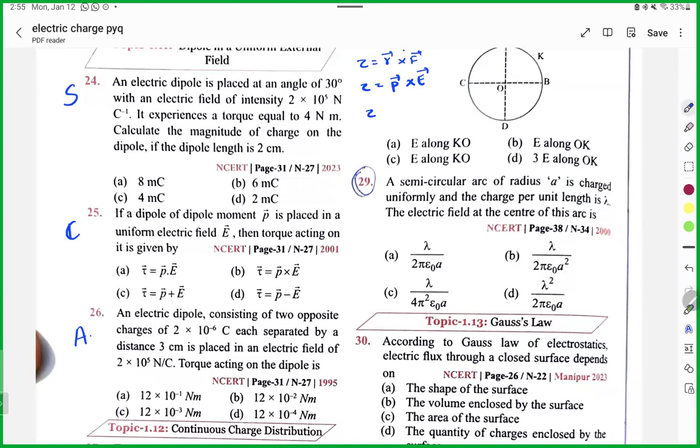Or torque is equal to pE sin theta. Or torque is equal to q into 2l E sin theta, since p is equal to q into 2l. All four formulas are correct. So for 25, option B. Sara and Anvita.